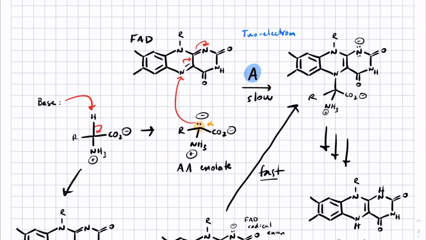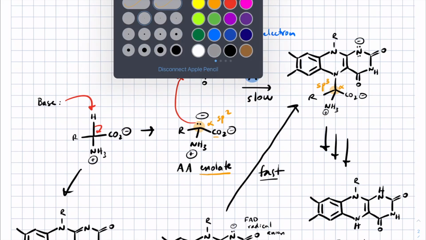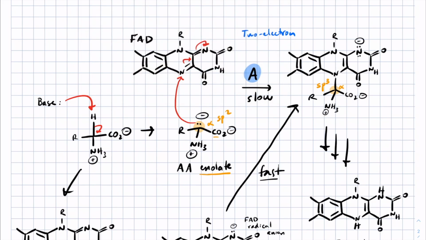A key feature of this proposed 2-electron mechanism is a change in hybridization. Enolates, that is, negatively charged alpha carbons adjacent to carbonyls, are generally sp2 hybridized. Whereas after the reaction, that alpha carbon is now bonded to 4 things and would be sp3 hybridized. So if the 2-electron mechanism, path A, were the correct mechanism, we would expect to be going from an sp2 carbon to an sp3 carbon.